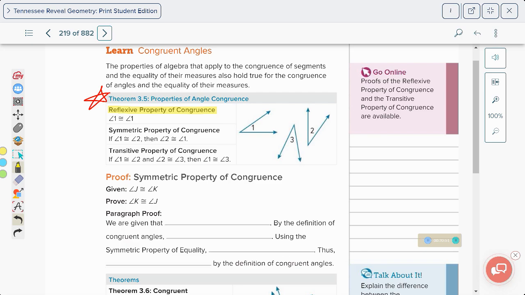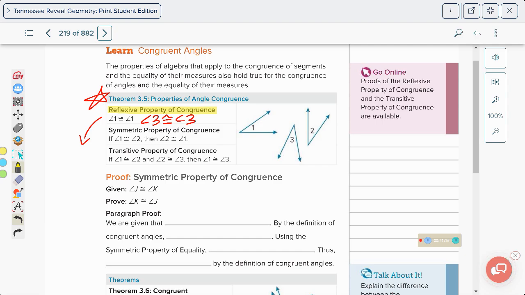Think about looking in a mirror and seeing your reflection. So you are looking at yourself. Something equals itself. So instead of angle 1 is congruent to angle 1, you could also say angle 3 is congruent to angle 3. Okay, they're exactly the same.